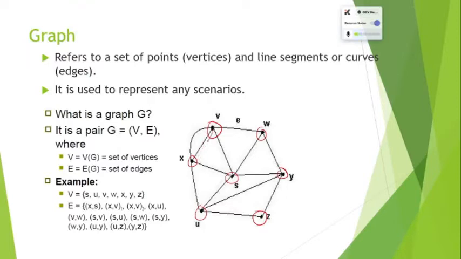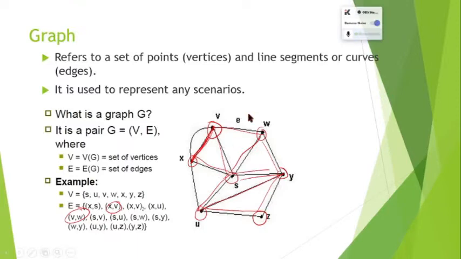So, for example, this edge is X, comma, V. Well, this one is V, comma, W. And so on. So it lists the edges one by one. As long as it is connecting two vertices, that is called an edge.